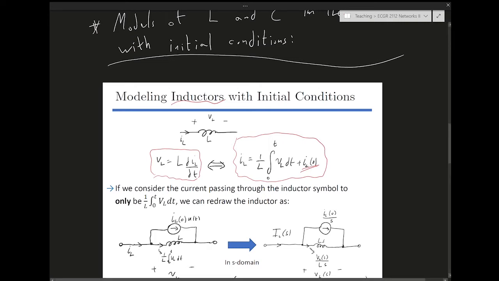There are two approaches. We can either inject the initial conditions based on U of t, the step function, or we can inject the initial condition based on the delta function, and I'll show you how to do both.